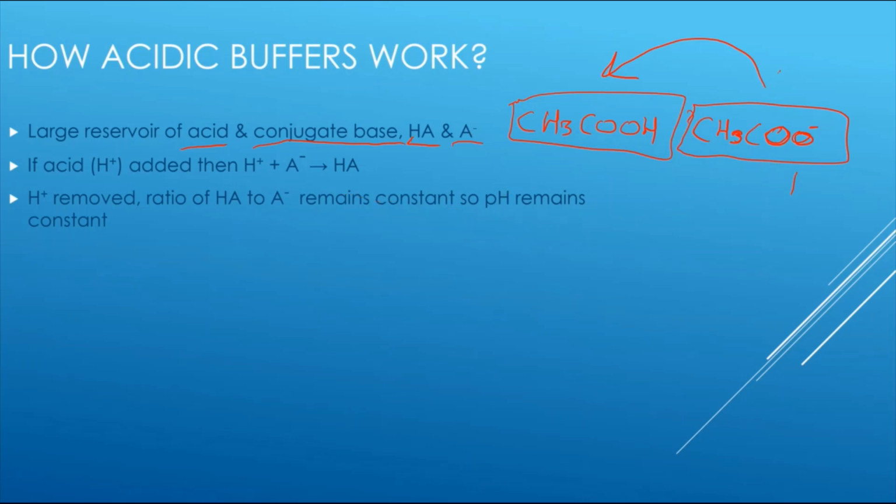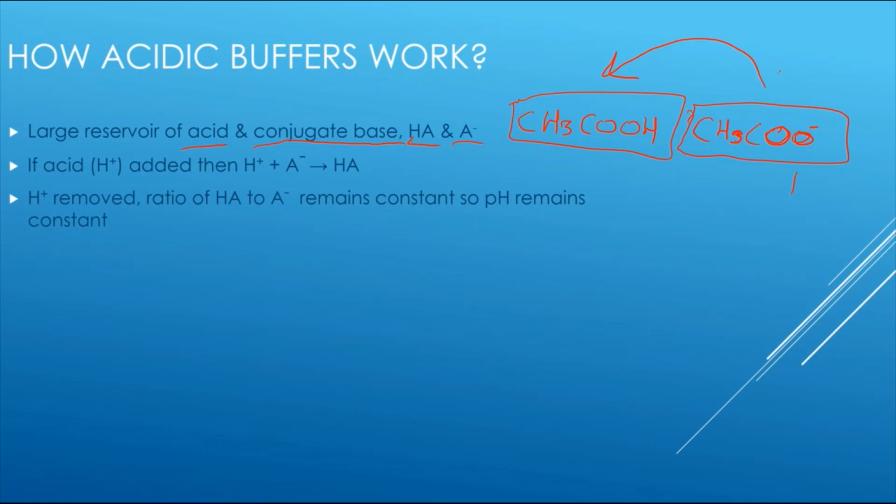By removing these H+ ions, we're getting rid of the H+ ions which could change the pH, because remember, pH is a measure of the concentration of H+ ions. If the H+ ions are removed, we would have the same amount of H+ as we originally had, so our pH would be constant.